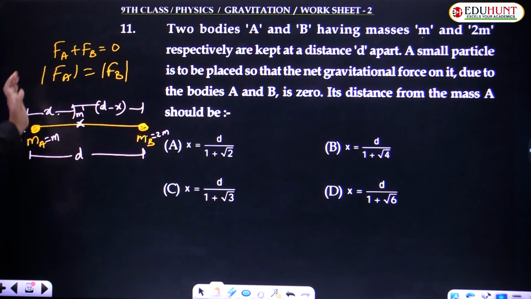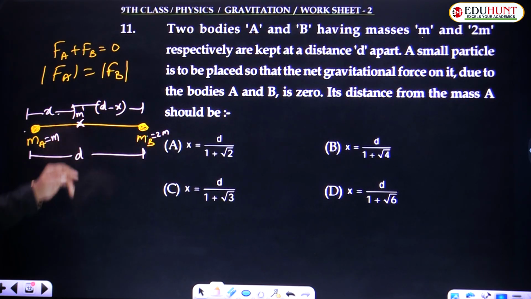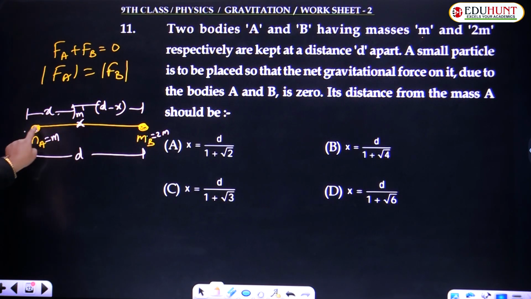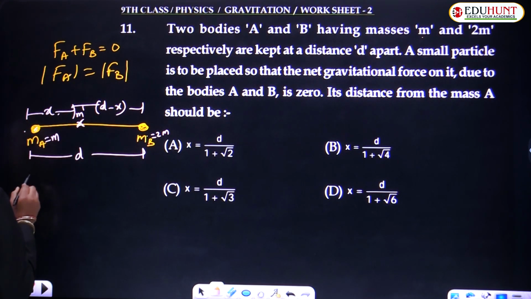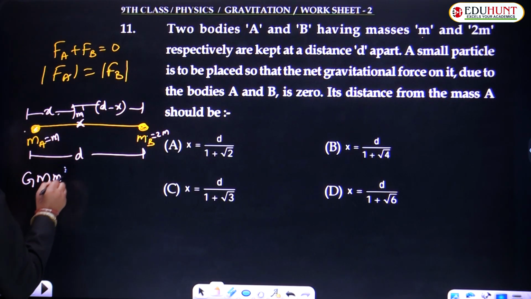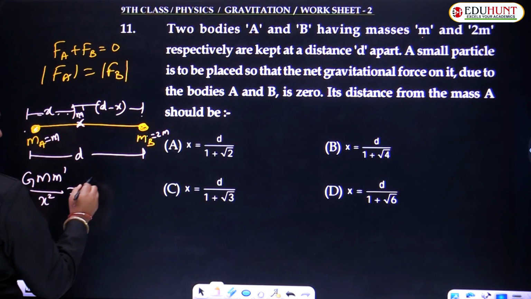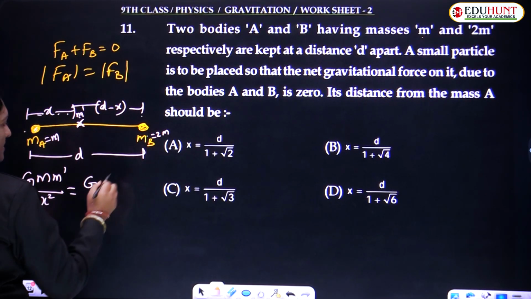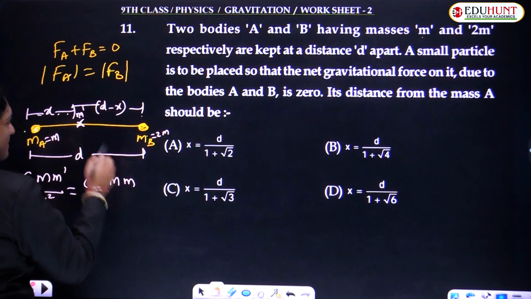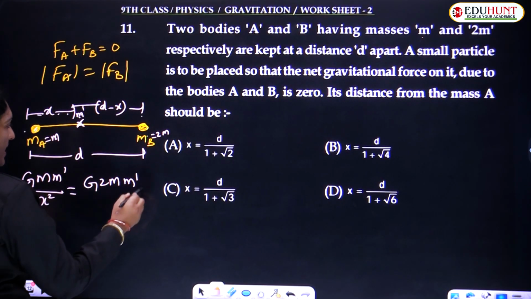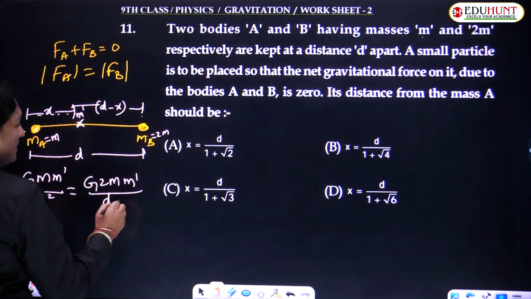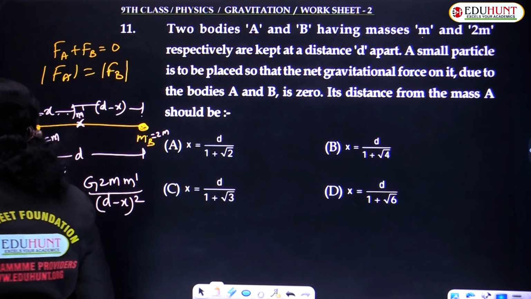Just now we considered the force due to the first body equals the force due to the second body. The force due to the mass A on this mass m dash is Fa equals G, mass m, here mass m dash, distance x: G m m dash by x square equals, here also G, mass here is 2m, mass m dash, upon the distance d minus x whole square.